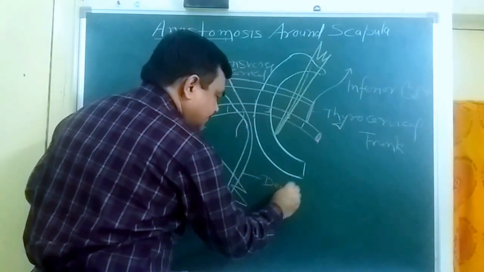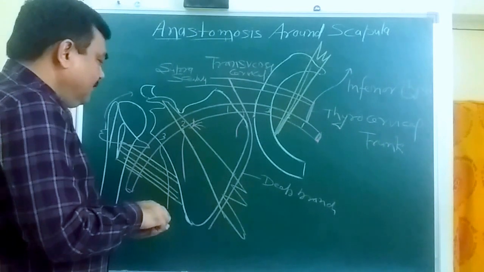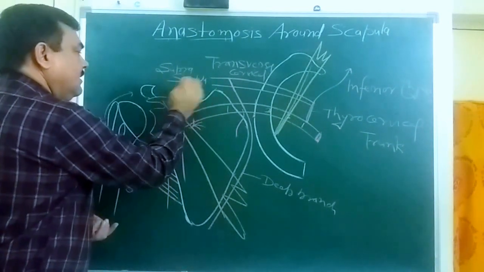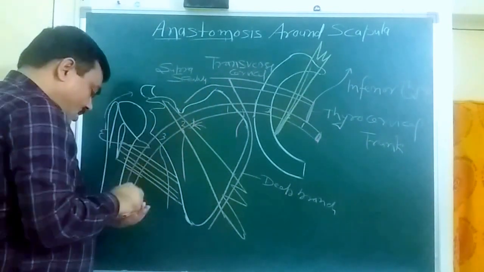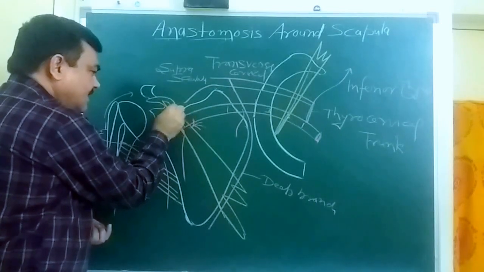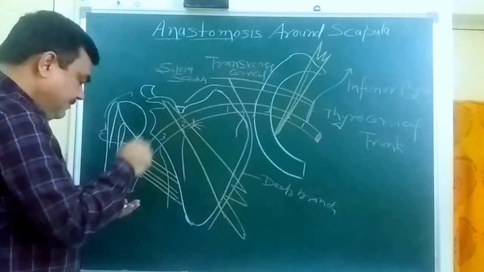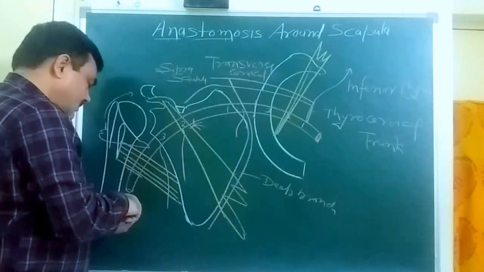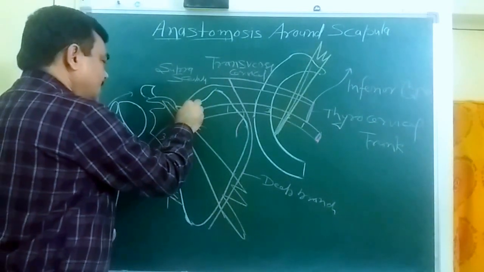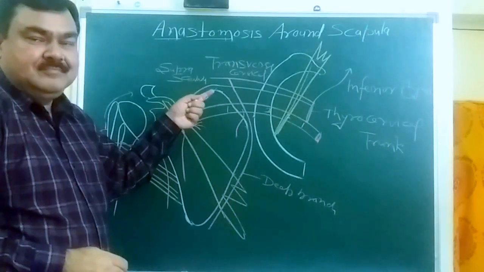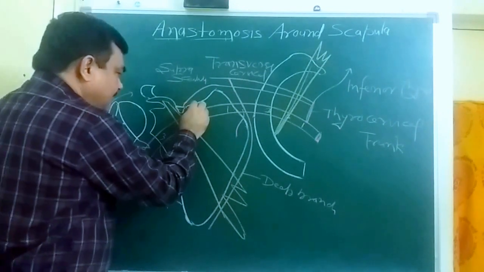And this suprascapular artery passes here, and here is the suprascapular notch, and this notch is bridged by the suprascapular ligament. This artery passes above the suprascapular ligament. From here it goes into the supraspinatus fossa on the dorsal aspect. From the supraspinatus fossa it goes into the infraspinatus fossa.